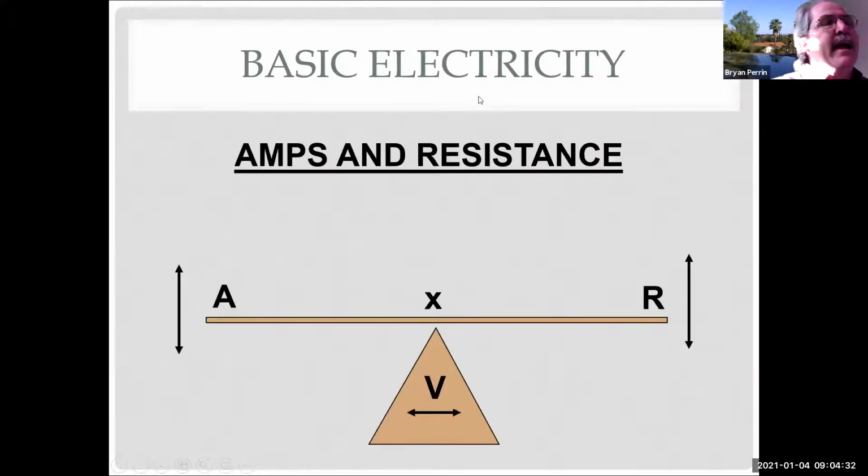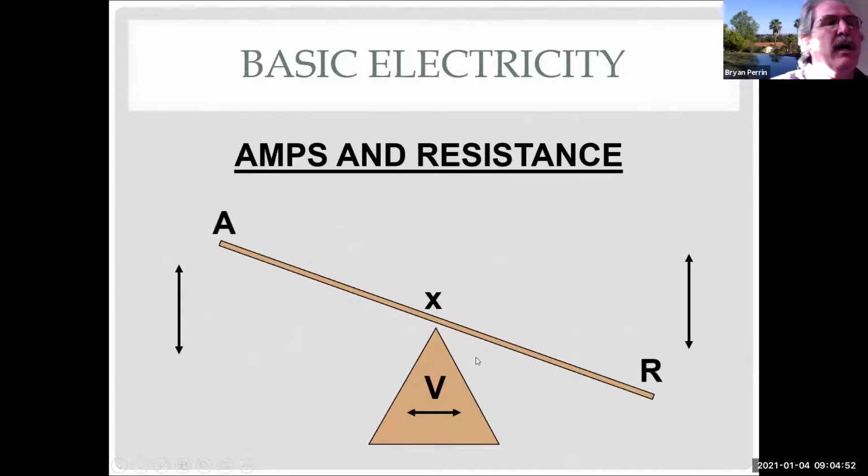So amps and resistance, and this is something that people get turned around and backwards on. They try to make them both go up or both go down. So what I built here is a teeter-totter, and I have a fixed voltage in my teeter-totter. So with my fixed voltage, if amperage goes up, resistance has to have gone down.